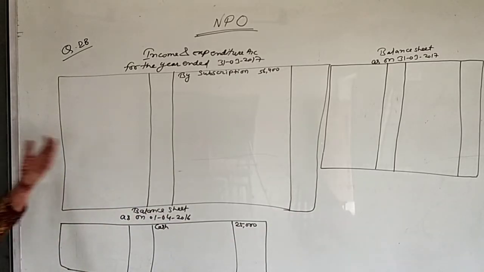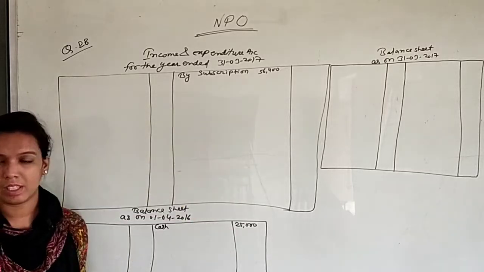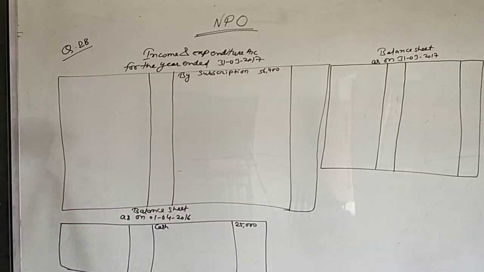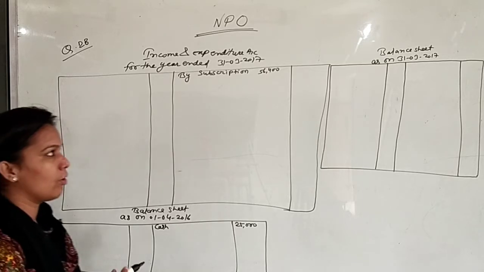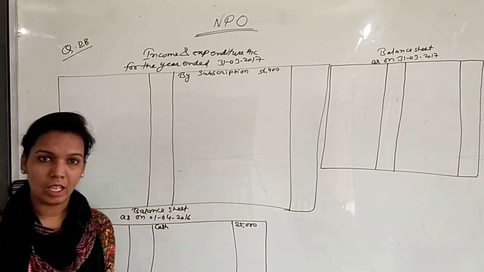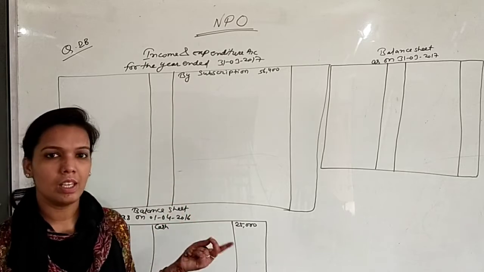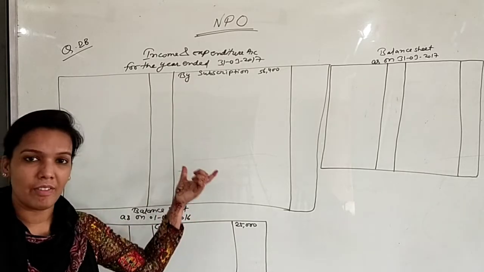So I was just discussing the subscription, that is 56,400. The remaining points of subscription we will discuss later on. The next point, entrance fee. Entrance fee is 2,500. As I told you, there is nothing mentioned in the question for the entrance fee, so it will be treated as a revenue income.